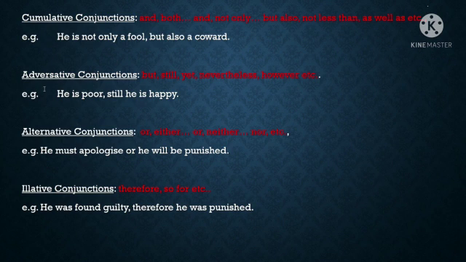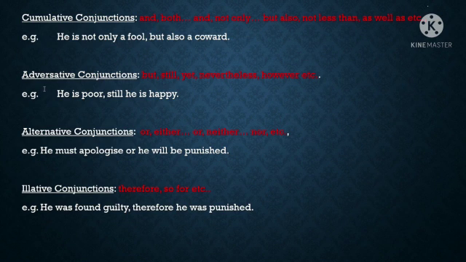He is not only a fool, but he is also a coward is the meaning, right? See the next point, adversative conjunctions. But, still, yet, nevertheless, however, etc. He is poor, still he is happy. Okay, you know the meaning of adversative conjunctions, right? Adversative conjunctions express difference. So he is poor, still he is happy.